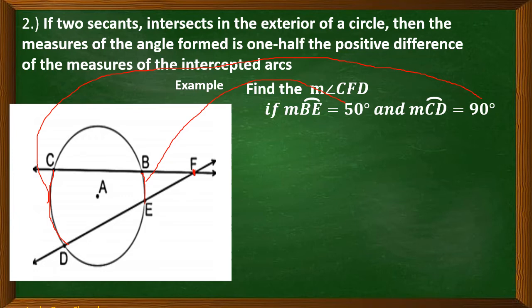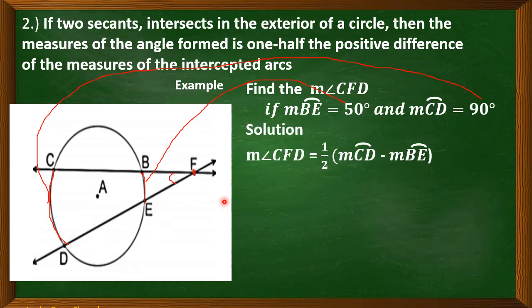And we are asked to find the measurement of this angle CFD. So by applying theorem number 2, we have measure of angle CFD is equal to 1/2 times the quantity of measure arc CD minus measure arc BE.